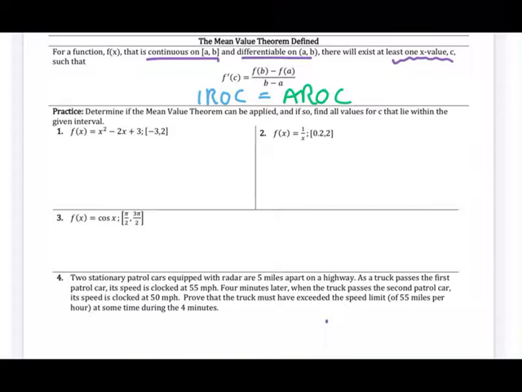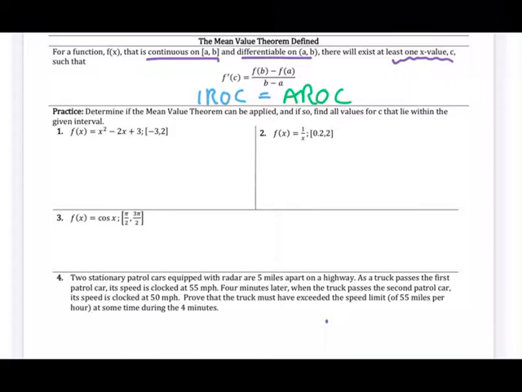So what the mean value theorem says, just very simply, is if we have a continuous and differentiable function, at some point the average rate of change is going to be equal to the instantaneous rate of change. So mathematically, if you're given a function that you know is continuous and differentiable on an interval, you can use this mean value theorem to not only say that there's a point where the derivative is equal to the slope of the secant line, or AROC, but you can then actually find that particular value.